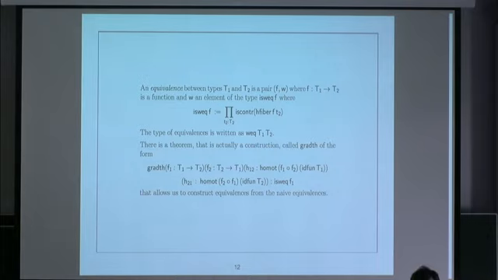So we define what is an equivalence as a function whose fibers are contractible. And then there is a very important theorem, or actually a construction, called the Grad theorem. It has a history. It says that given a naive equivalence, we can construct a true equivalence.